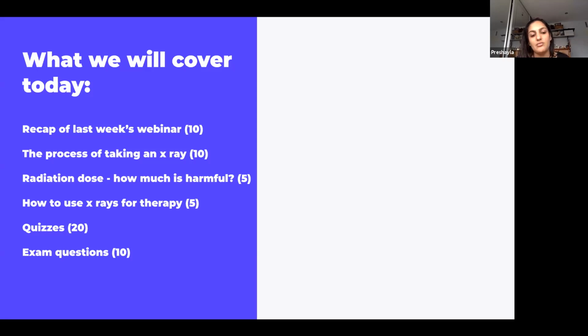Then we'll talk about radiation dose and how much is harmful. And then how can we use X-rays for therapy? So we're not only going to be looking at it in terms of taking images of the body, but also in terms of therapy.